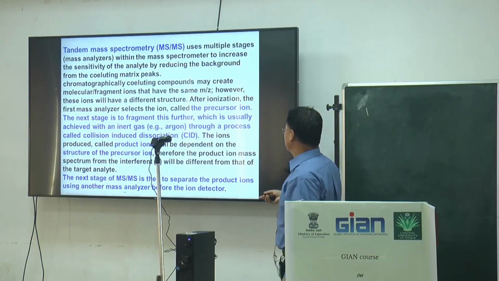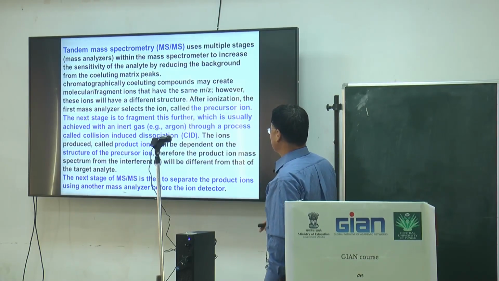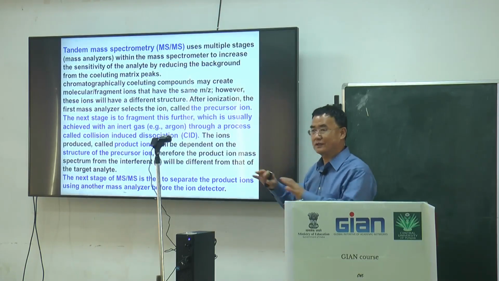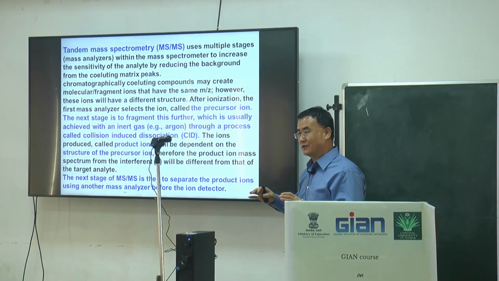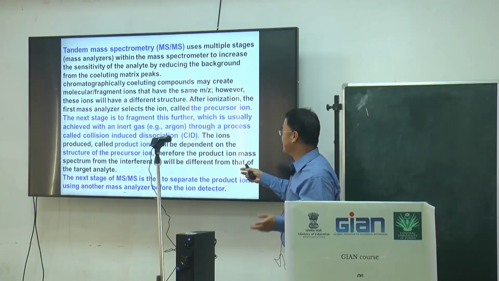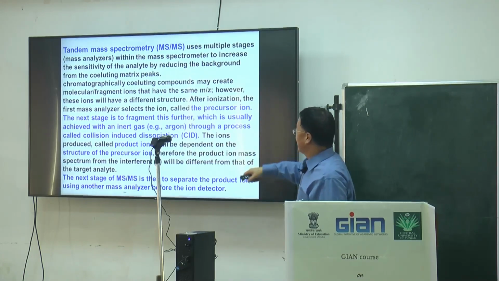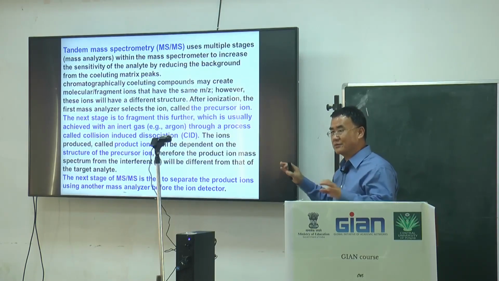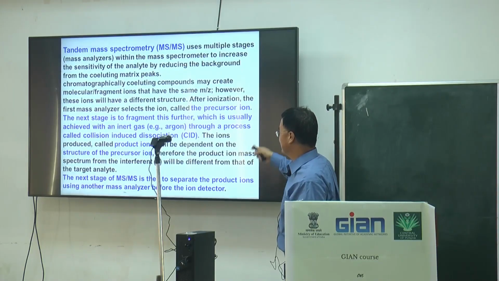The product ion mass spectra for the interference will be different from that of the target. I mean, if you have two similar compounds but with different structures, they will fragment differently. Through the second method, the CID, collision-induced dissociation, they can be separated and distinguished from each other.